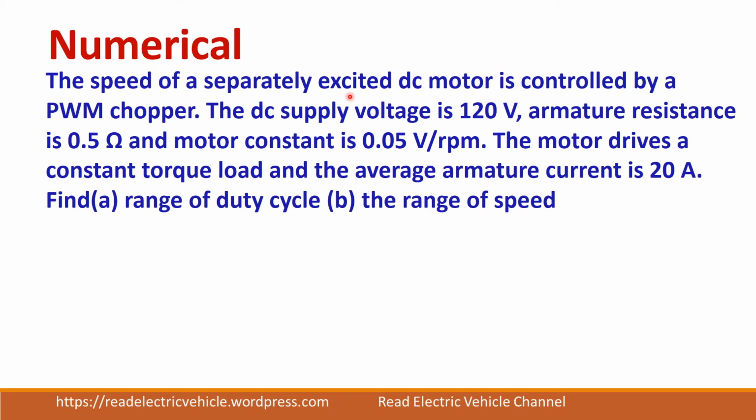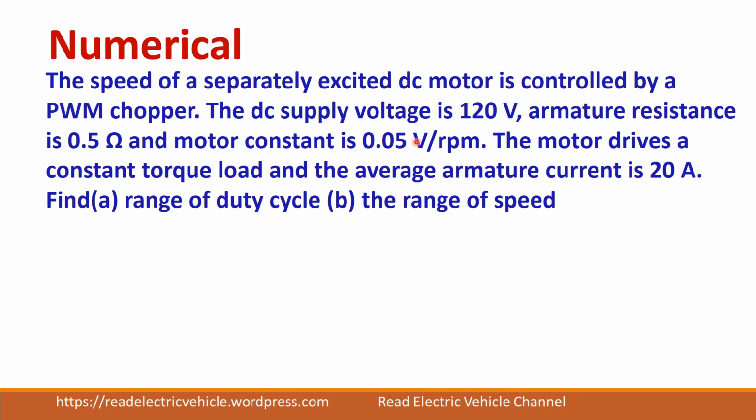The speed of a separately excited DC motor is controlled by a pulse width modulation chopper. The DC supply voltage is 120 volt, armature resistance is given, and motor constant is 0.05 volt per RPM. Now you may get a confusion, what is this constant? You see the unit, it is given as voltage per RPM.